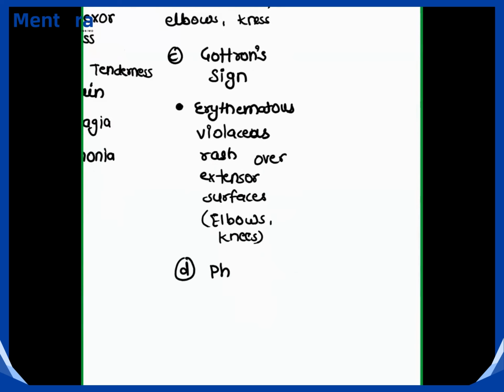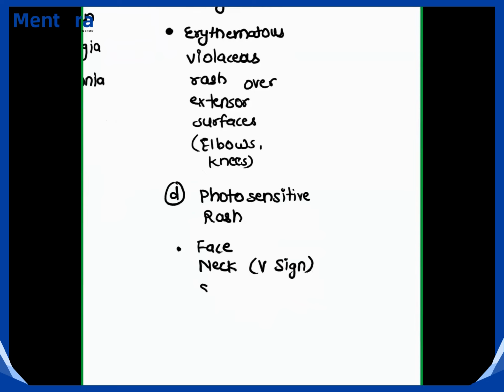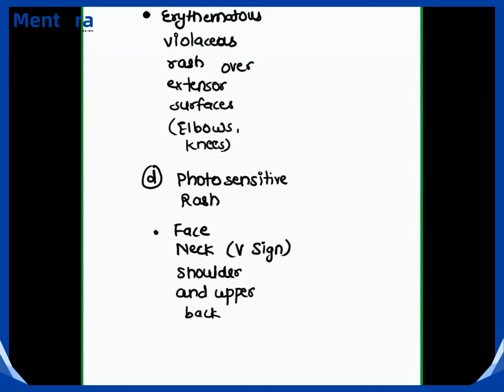There is photosensitive rash. And they are present over face, neck. In the neck area, it forms V sign, shoulder and upper back. That is called shawl sign.